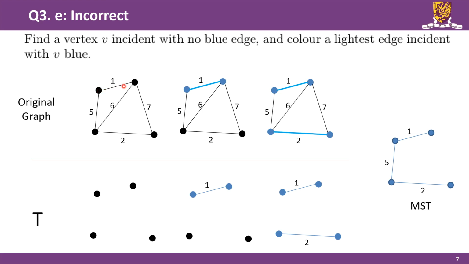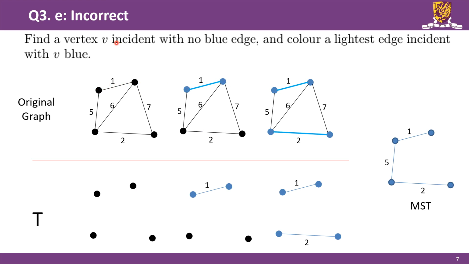Many people made mistakes in this problem because they didn't take this situation into account. The upper part is the original graph, and the lower part is the generated tree. First we select this vertex and select the lightest edge, that is this edge, and color this vertex and this edge blue.